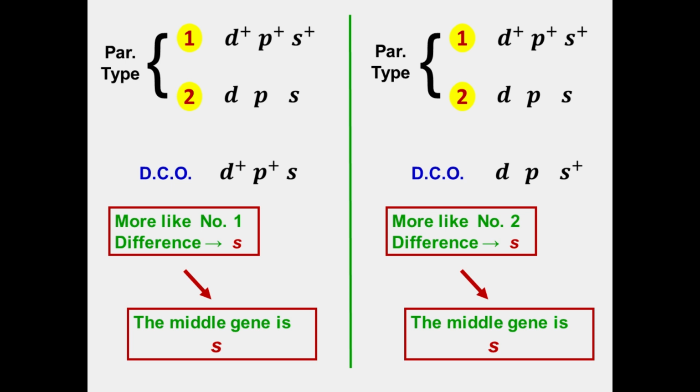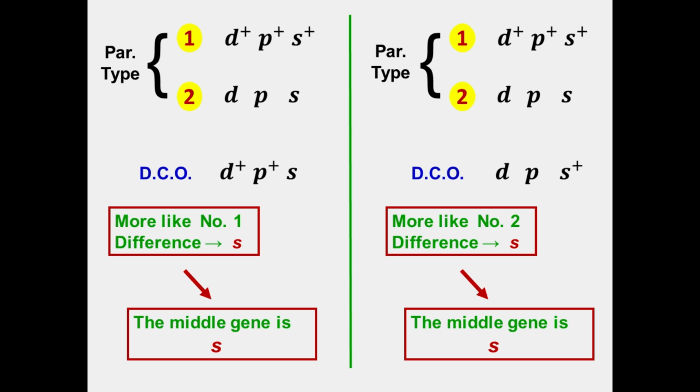By comparing the double crossover chromosome with the parental chromosomes, you'll notice that it most closely resembles parental chromosome 1, with the only difference being in gene S. This identifies S as the middle gene. Now on the right, if we compare the other double crossover chromosome, it most closely resembles parental chromosome 2, and again S is the only differing gene.